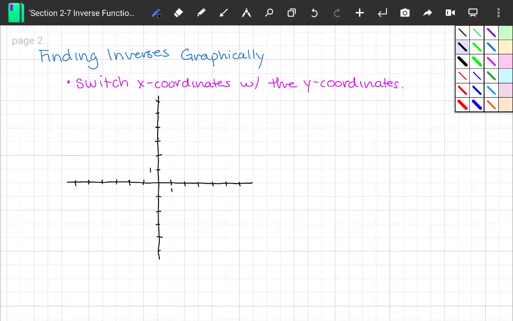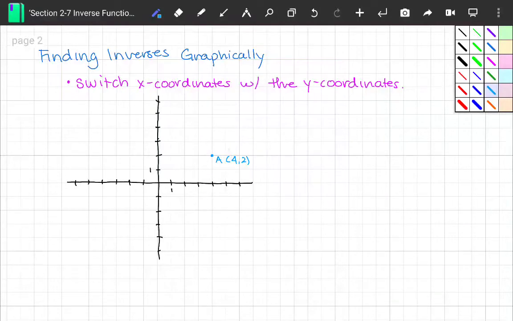We're going to count by 1 in each axis. Let's see if we can find a pattern of what happens when we switch x and y. So for instance, let's look at this point right here. This is going to be point A, and the coordinates of this point are 4, 2.